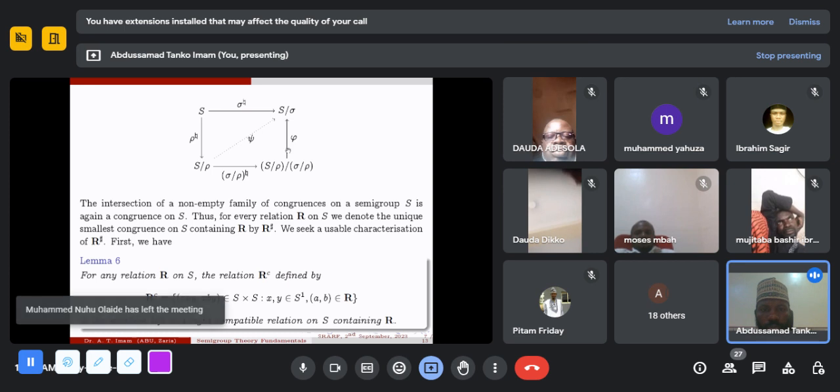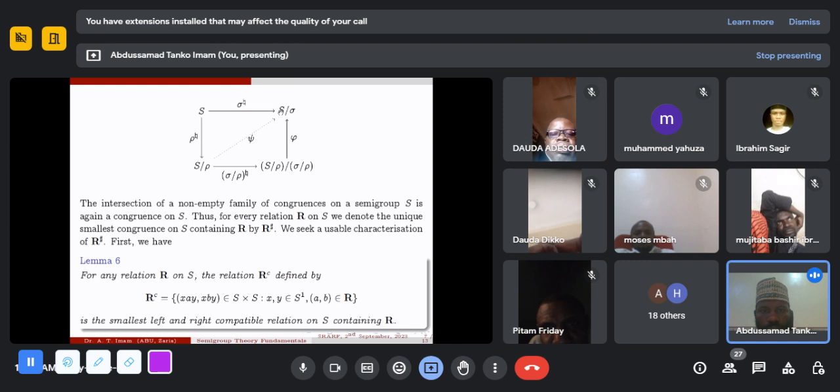This is onto, and we know this monomorphism here is defined by sending every point here to the image of its class representative under psi, and psi is onto. So therefore, this monomorphism is an isomorphism. So this phi is an isomorphism. In other words, S by rho by sigma by rho is isomorphic to S by sigma, thereby proving the third isomorphism theorem.